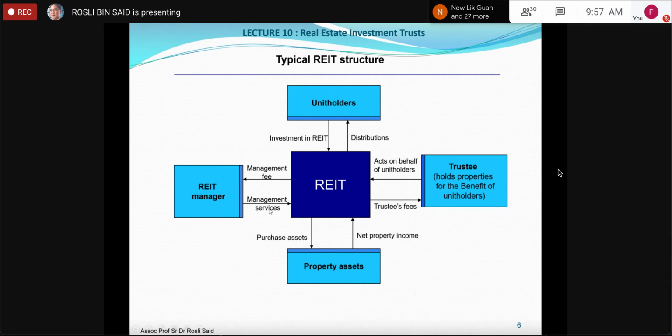The REITs company will pay a management fee to the REIT manager, because the REIT manager provides management services to the REITs, so they can claim a management fee.